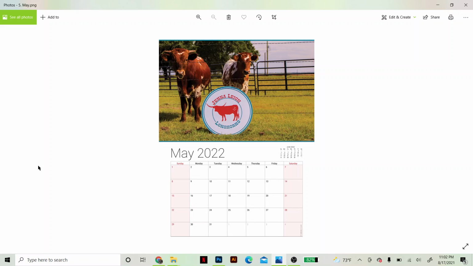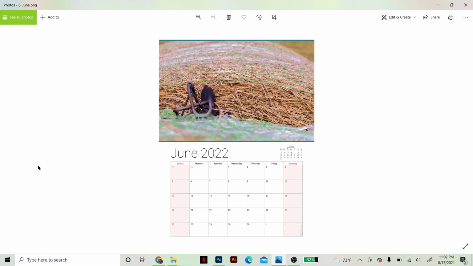For the May picture, it was ISO 200, aperture 4.5, and shutter speed was 1 out of 2500. Then for June, it was ISO 200, aperture 5.6, and shutter speed 1 out of 1000.